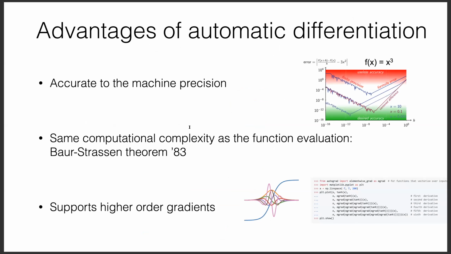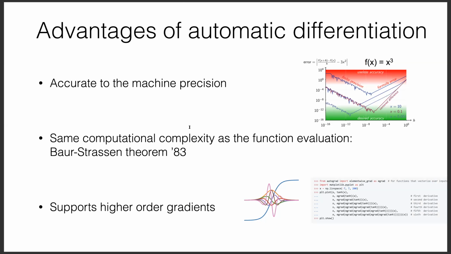This has many advantages compared to other ways of computing gradients. Compared to numerical finite difference, this is accurate to machine precision. It is also more efficient, because for finite difference you need to perturb each dimension individually.